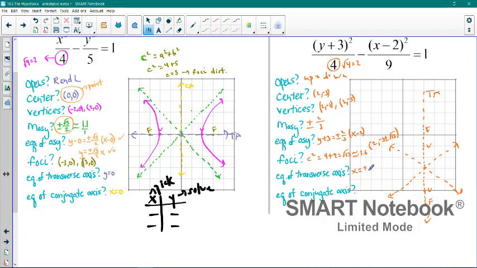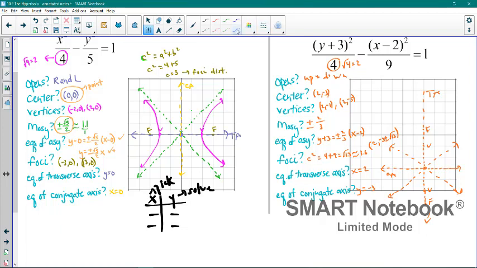X is equal to 2. My conjugate axis will pass through the center, perpendicular to the transverse axis, and it is a horizontal line, y equals, going right through there at y equals -3.